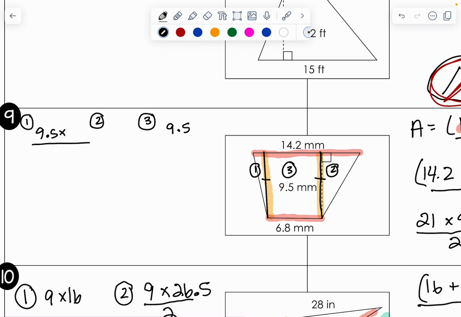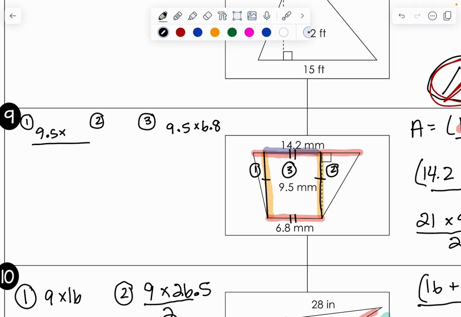Okay, my base for my rectangle, I have 6 8/10, which means the opposite side there, this part that I'm going to highlight in blue, is 6 8/10. So that goes in as my other measurement for my rectangle.